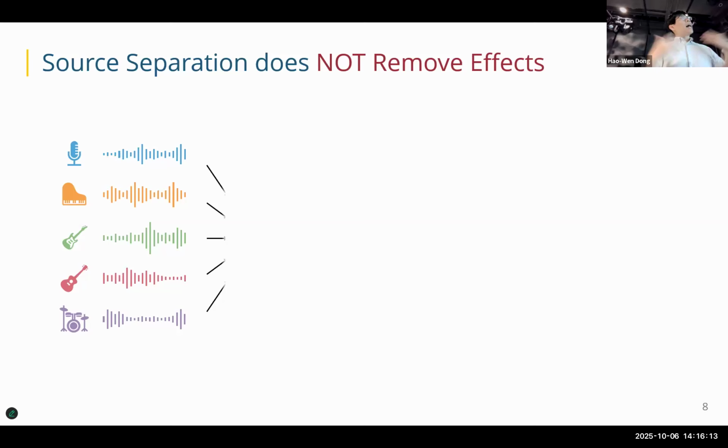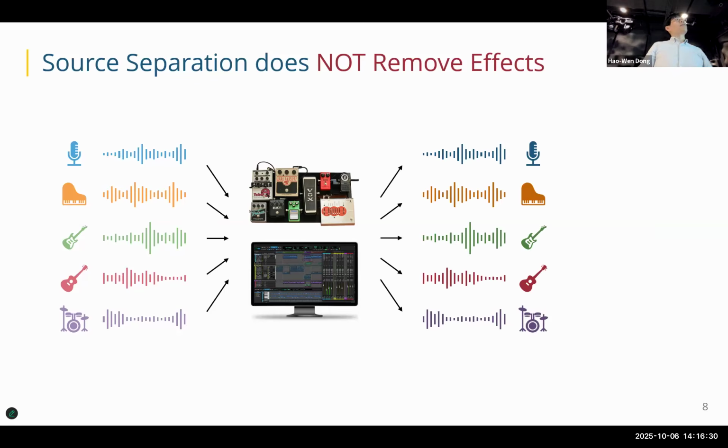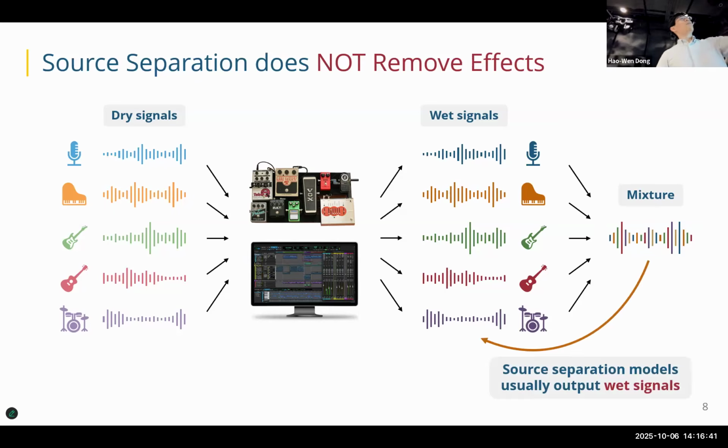And then you apply effects on top of it. In the case of electric guitar, it's a little bit trickier. But usually, think about vocals: it will be dry, and then you apply reverb or different things, and then you get the wet signals. And usually the wet signals, you just add them up to get the mixture, do some mixing, some panning. But anyway, source separation will only output the wet signals rather than the dry signals.